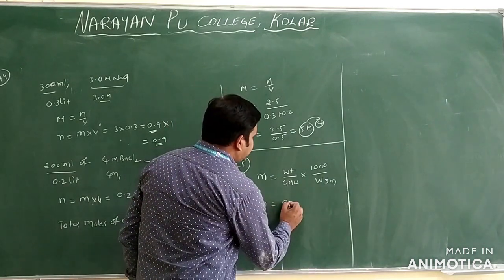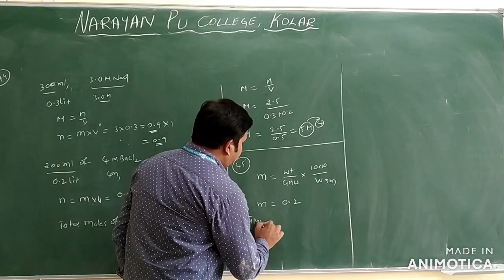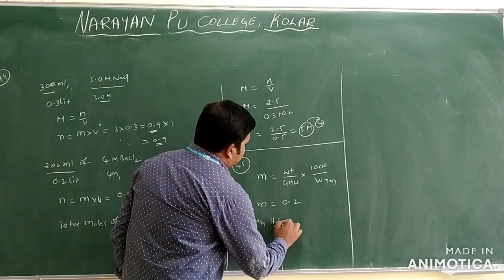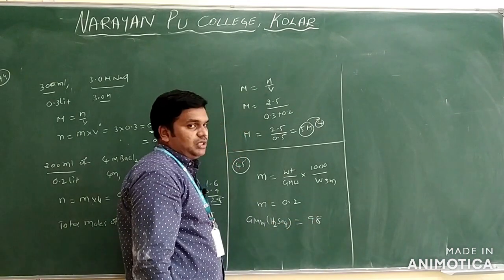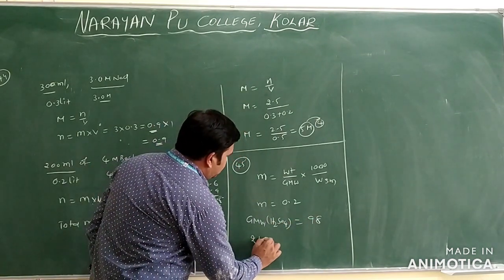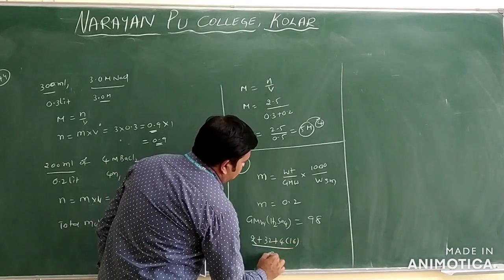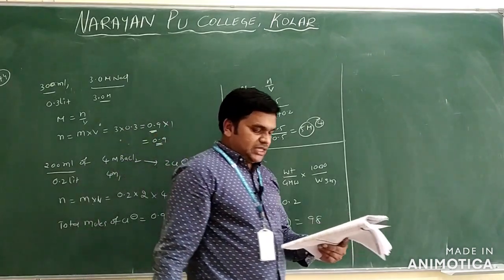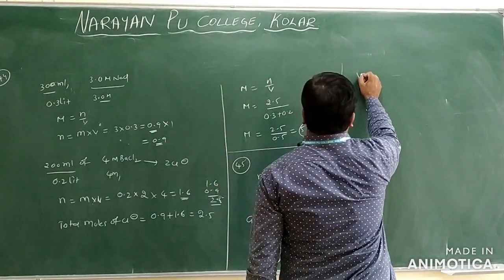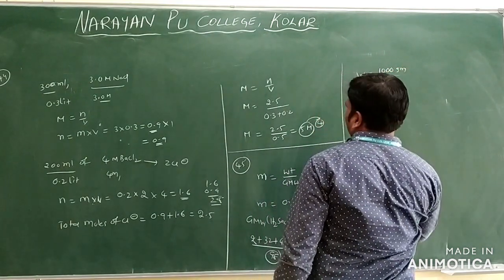0.2. Gram molecular weight of H2SO4, you will find it, you will get 98 only. How is it? H2 is 2, sulfur 32, and 4 into 16, all together you add, how much you will get? 98 only. And the solvent weight is given, 1000 grams only.